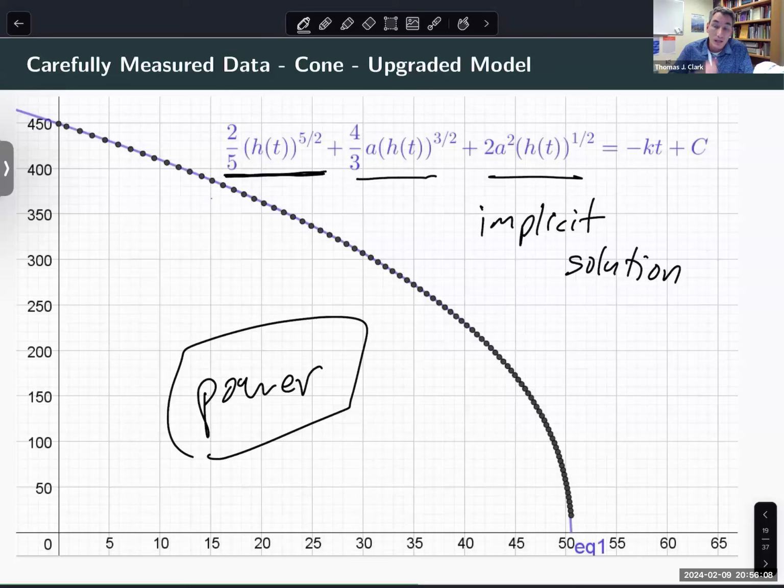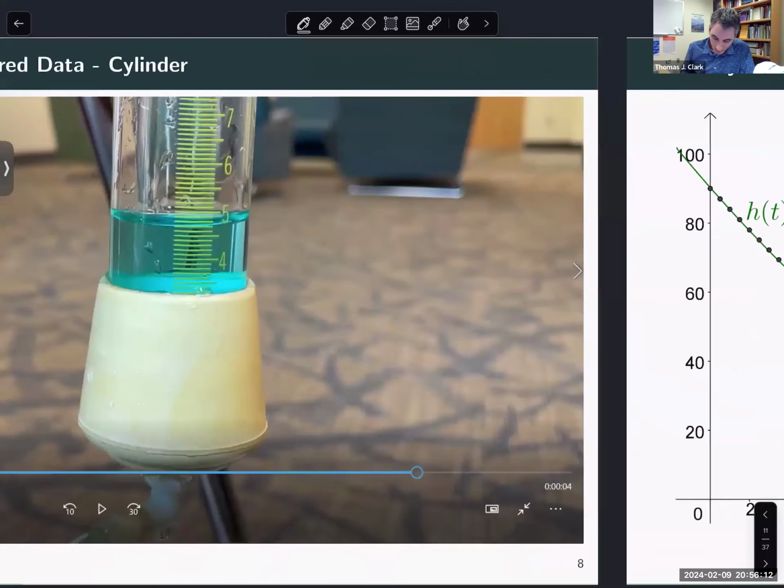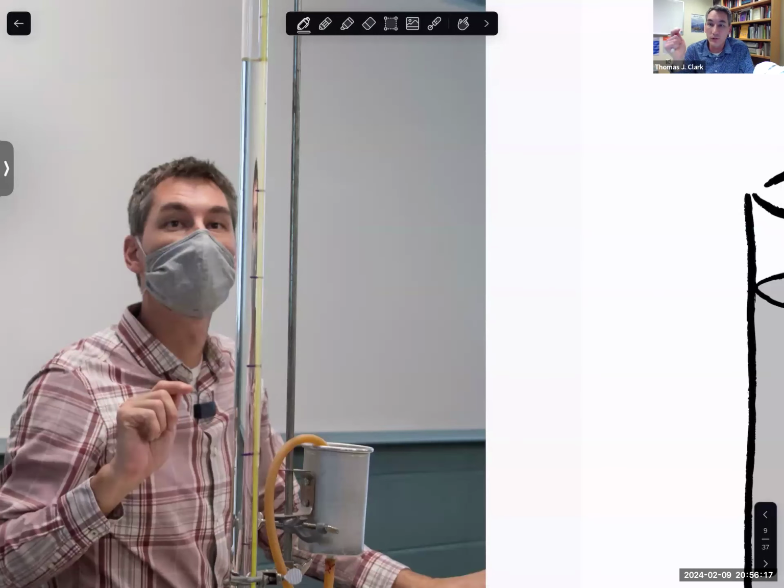When I do the cylinder, I've got the lines on there, and we'll just have a stopwatch set up. Every 10 centimeters, someone hits the stopwatch, so we collect a live data set.